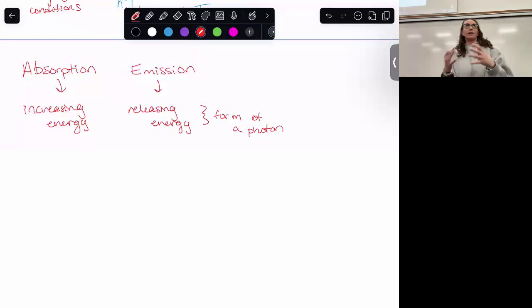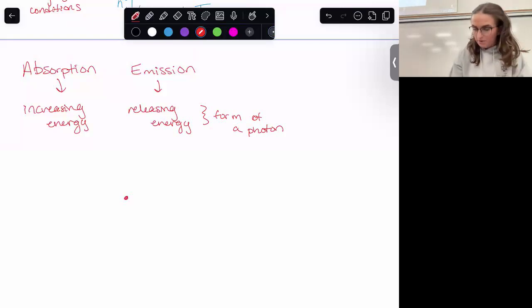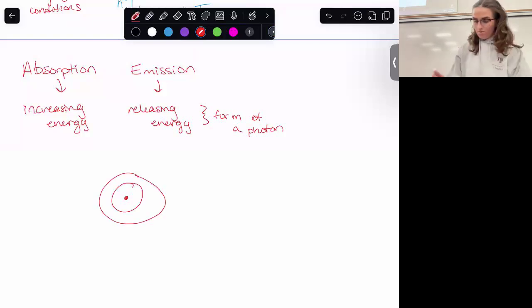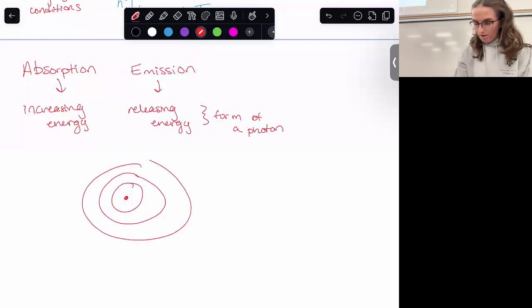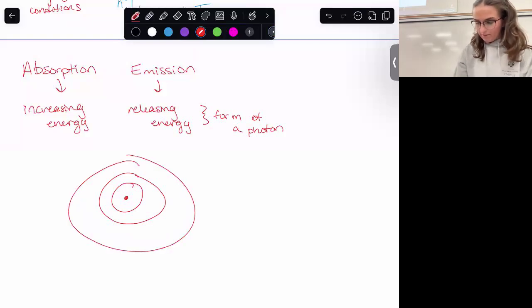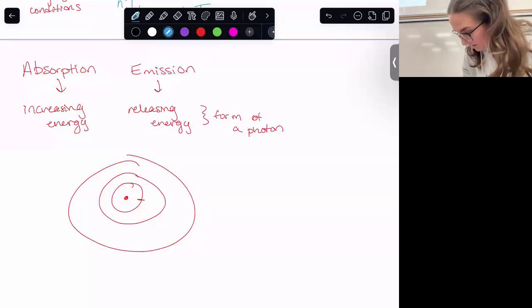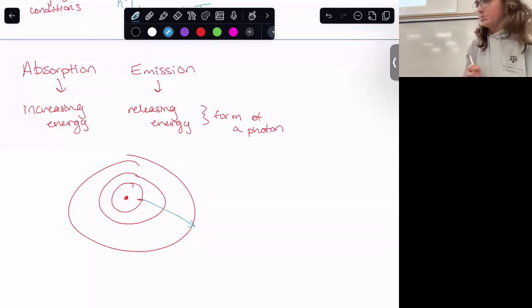Okay, so if we look at an atom, we have our nucleus in the center, and we have certain energy levels associated with it. We can have an electron that's close to the nucleus. If we absorb energy, this electron jumps up to a higher energy level and now hangs out here. This is absorption.